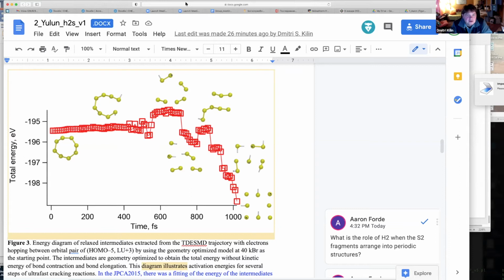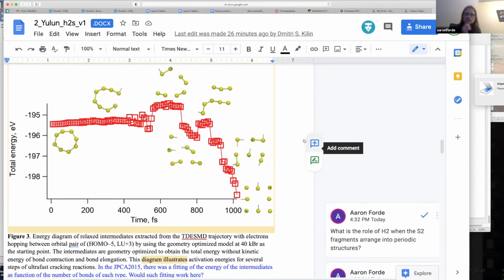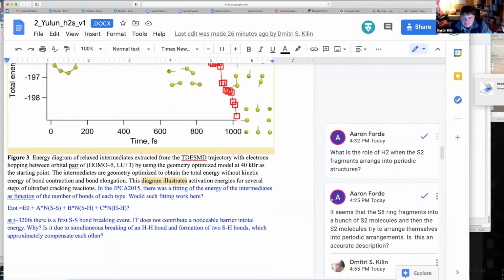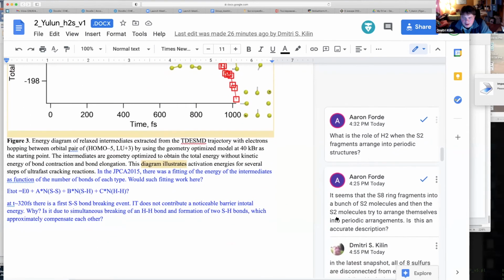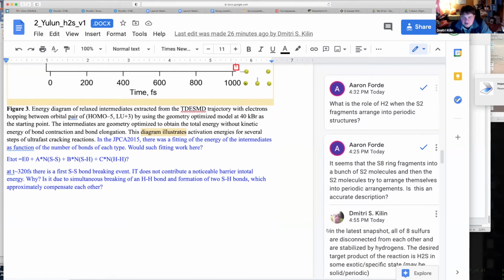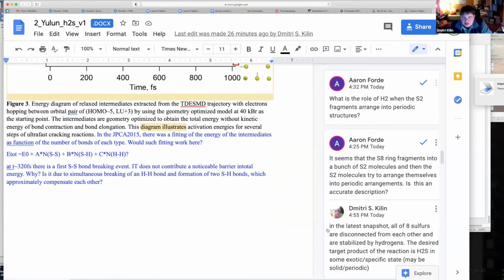Aaron, does it answer your question? Mm-hmm. Aaron provides a hypothetical interpretation that sulfur ring fragments into smaller molecules S2, and they try to arrange into a periodic arrangement.